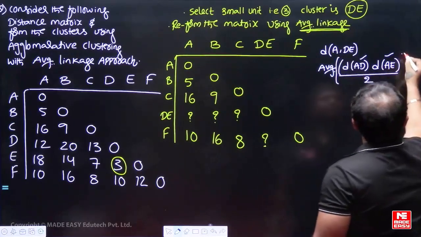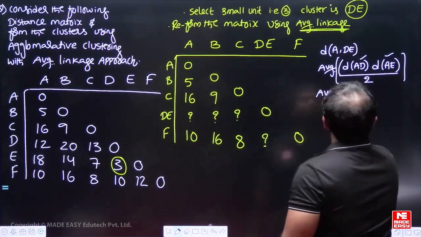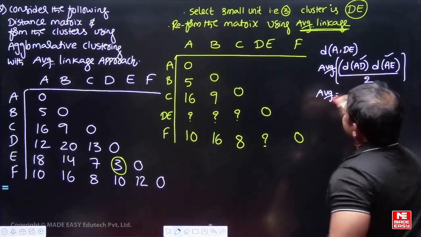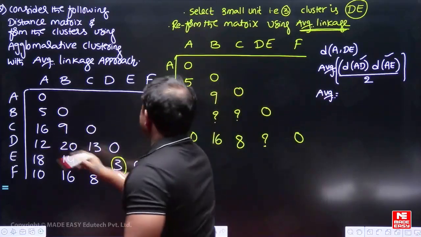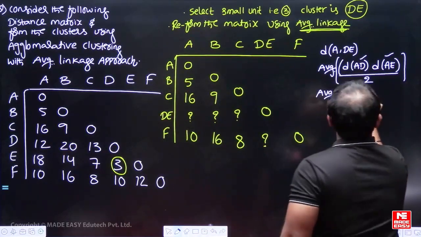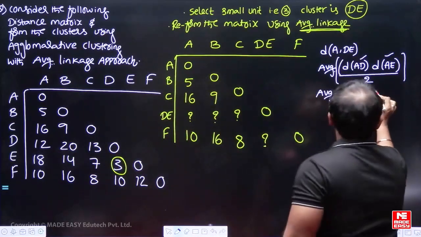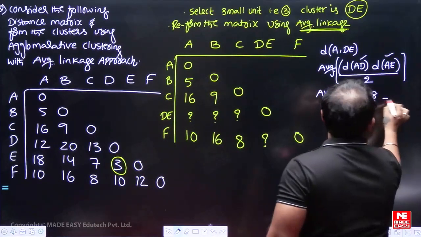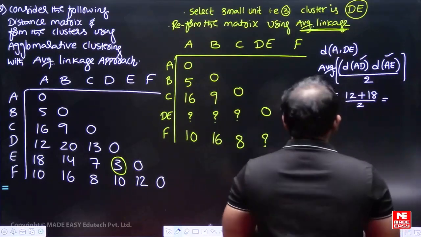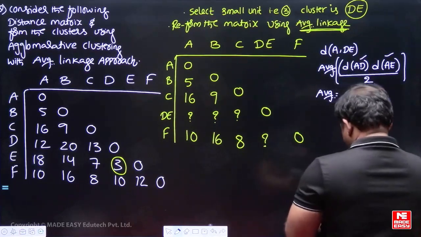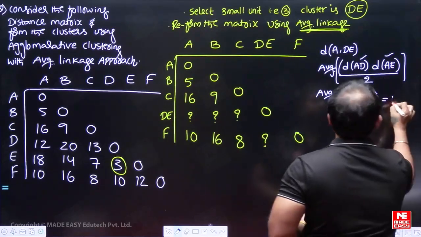Average means this. So now the average value is equal to distance of AD, which is 12, plus distance of AE, AE is 18, divided by 2. Then calculate this: 18 plus 12, 30, divided by 2, that becomes 15.